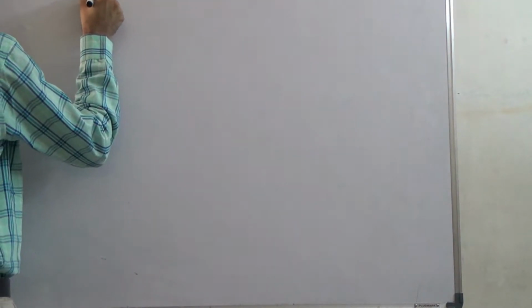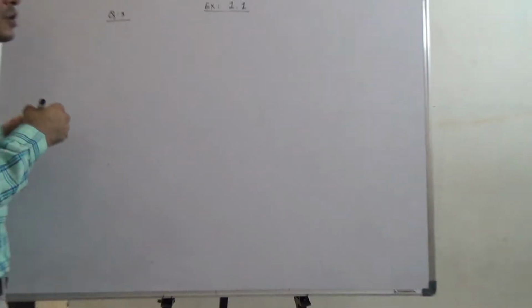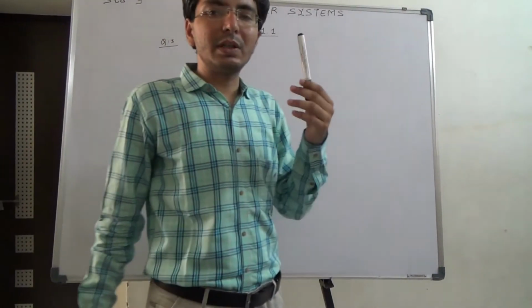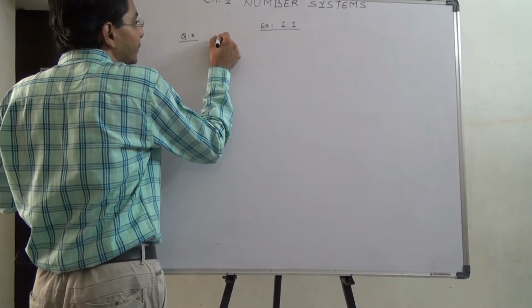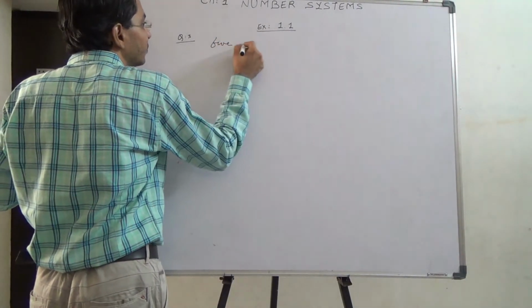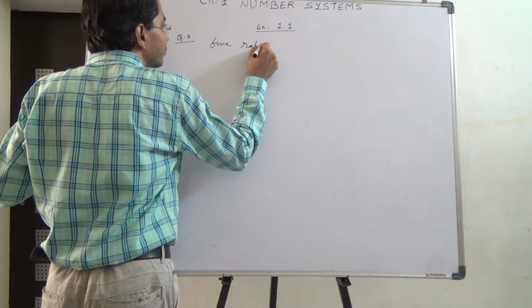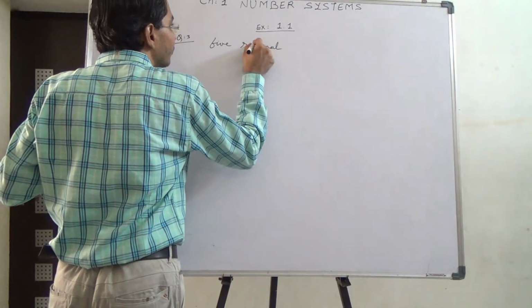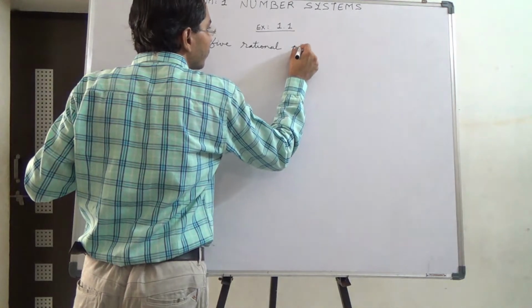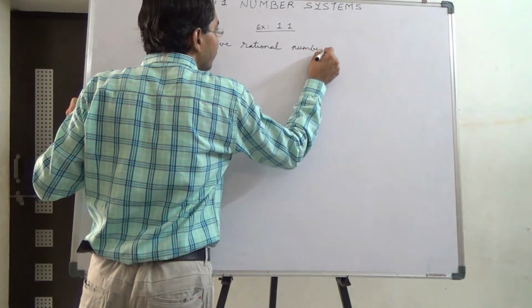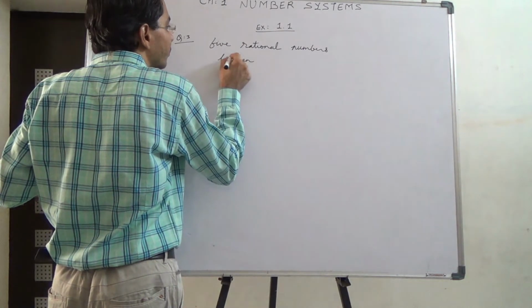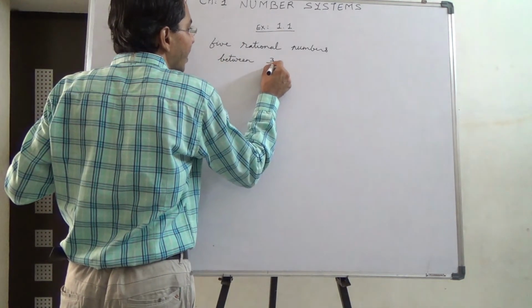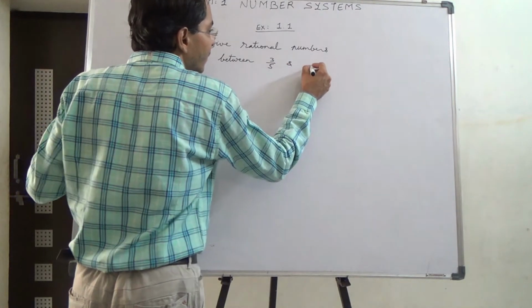question number 3. Okay, so question number 3 is what? Question number 3, find 5 rational numbers between 3/5 and 4/5.